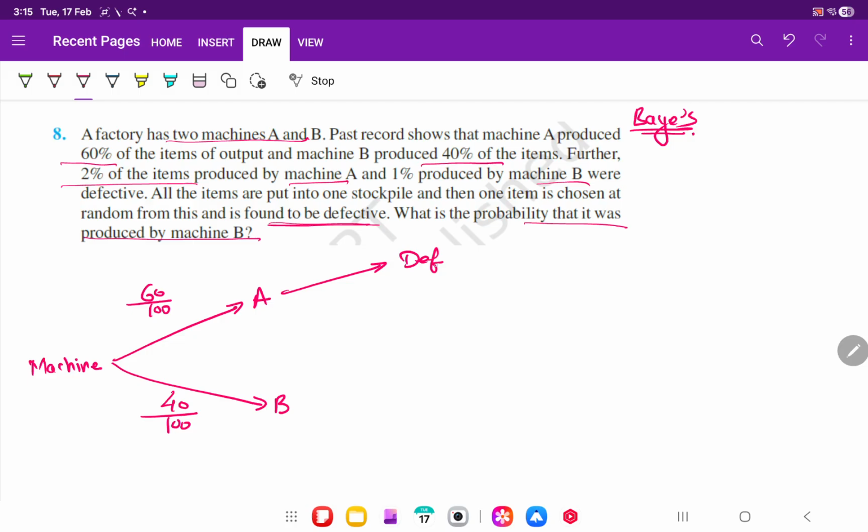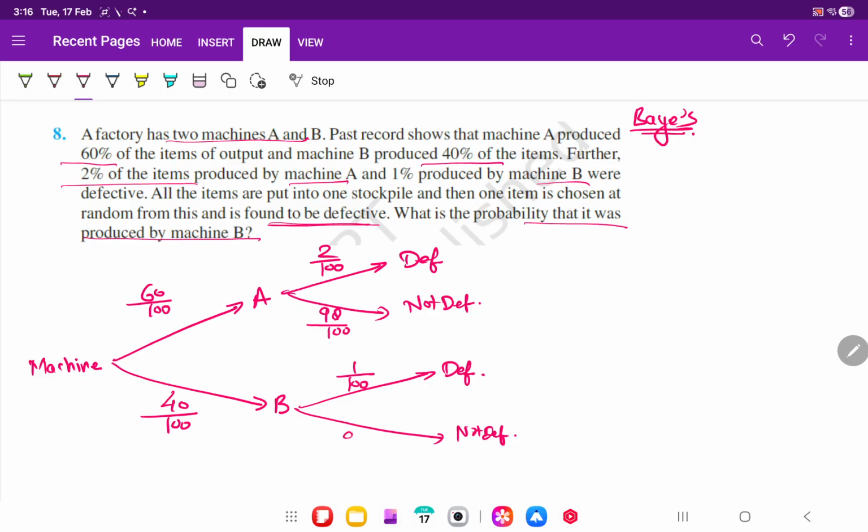If A is making, it may be defective or not defective. By machine A, 2% are defective. So 98% are not defective. Here, if machine B is making, how many are defective? Only 1%, correct? So 99% are not defective. Flow chart is ready.